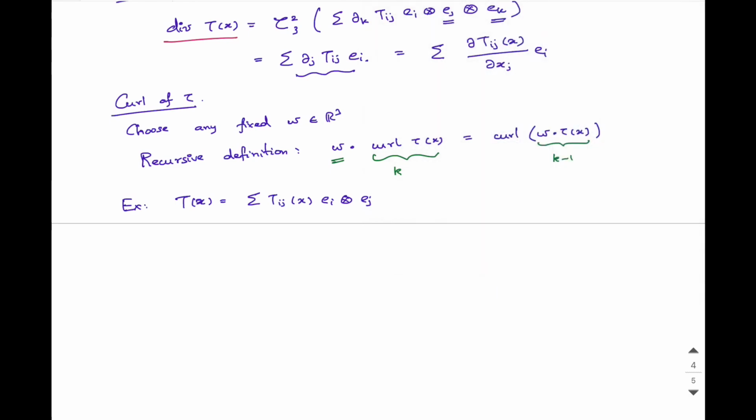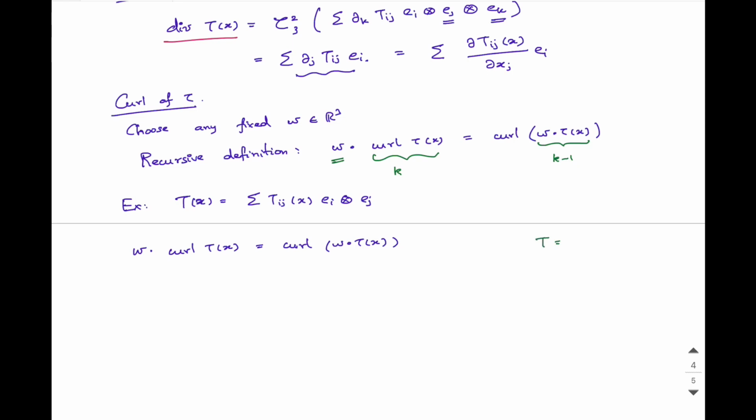If I choose any w, which is a constant vector in R3, then the definition tells me that the inner product of w and the curl of T is the curl of w dot T at the point x. That's the definition.